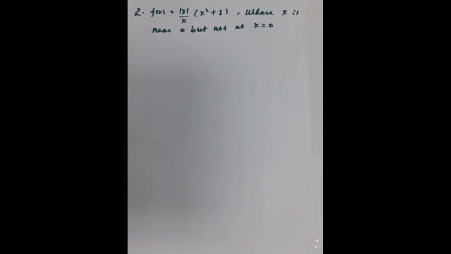Our second example is f of x equals the absolute value of x over x times x squared plus 1, where x is near 0 but not equal to 0.